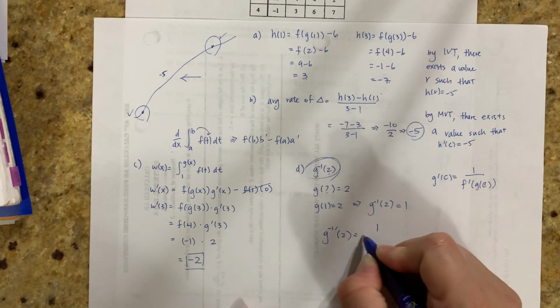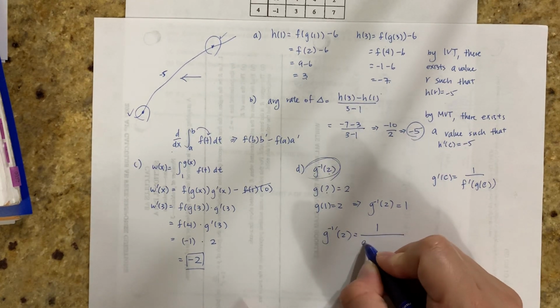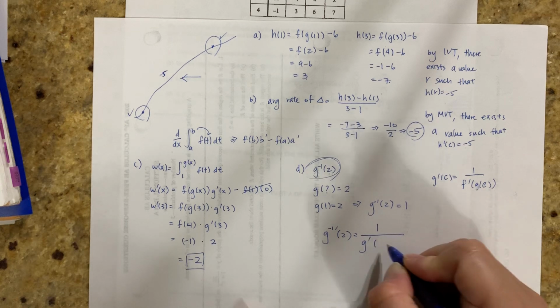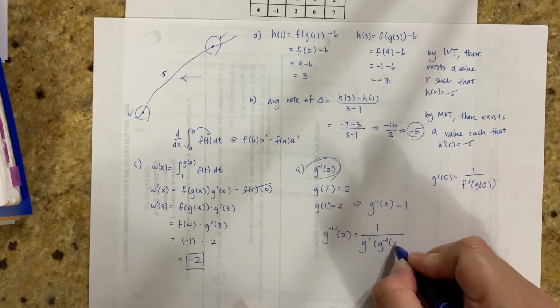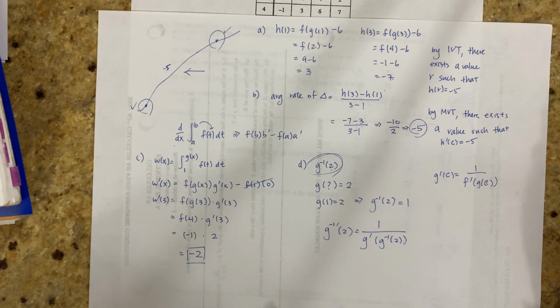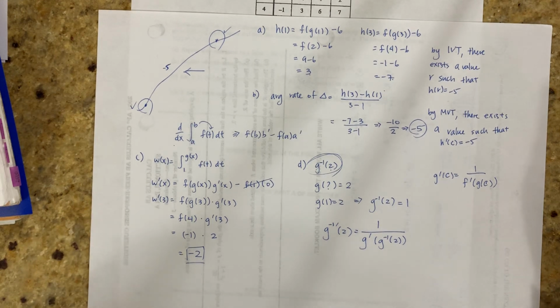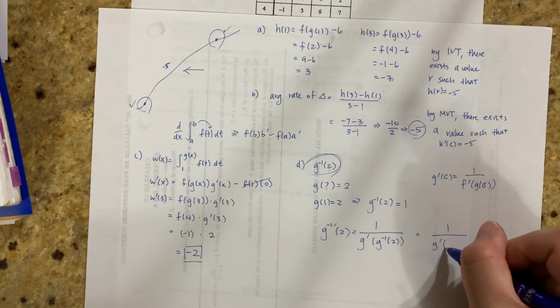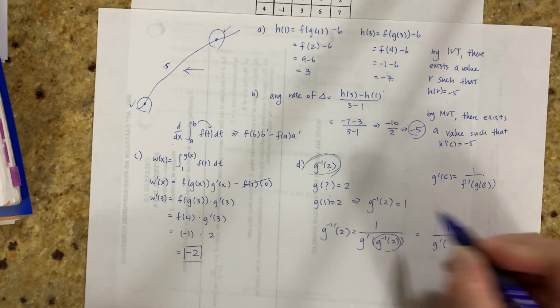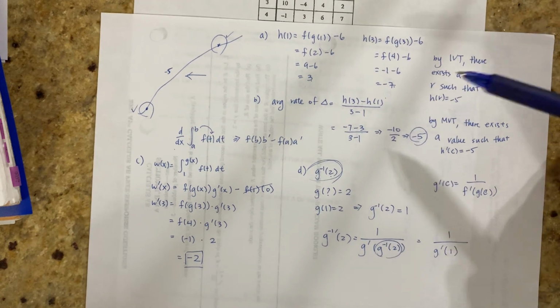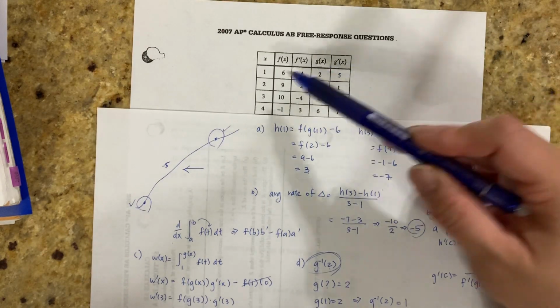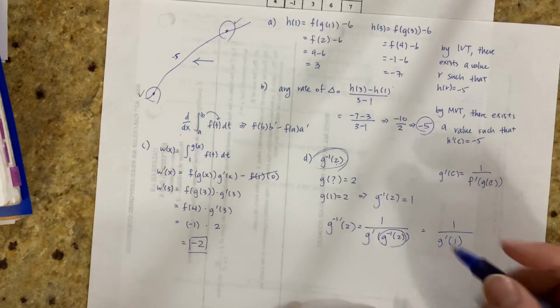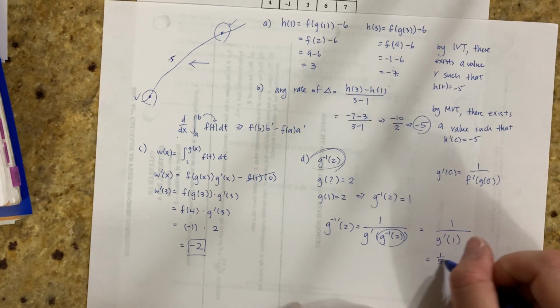That's equal to 1 over the original function g prime of the inverse of 2. Okay? So again, as long as your notation is correct, this is not going to be so hard. So it's equal to 1 over g prime of, we already figured this out, this is equal to 1. So using your chart from above, g prime of 1 is 5, so my answer is going to be 1/5.